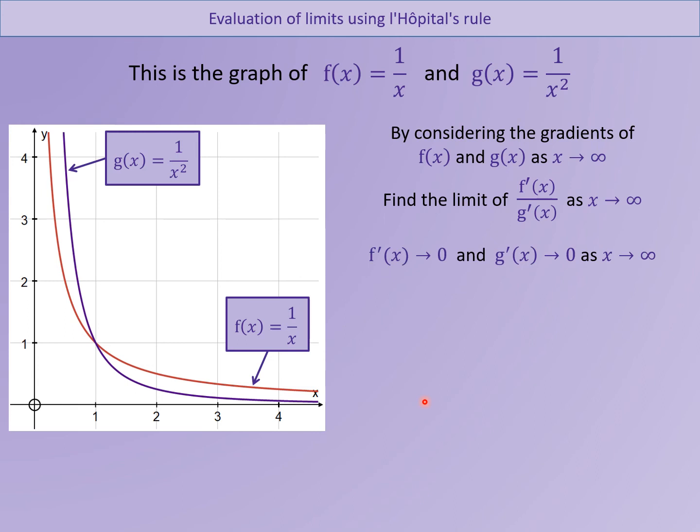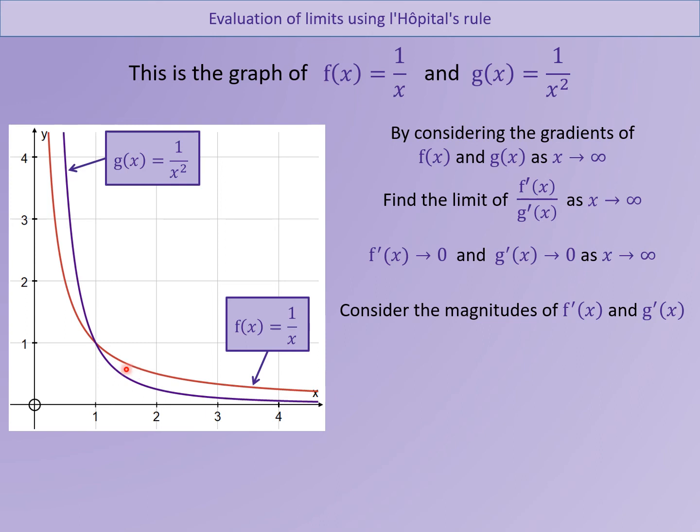So again, same problem as before. We can clearly see the gradients are tending towards a flat line. They're tending towards zero, aren't they? So we know that the gradients of these graphs are both tending towards zero as well. But what about the sizes of the gradients?